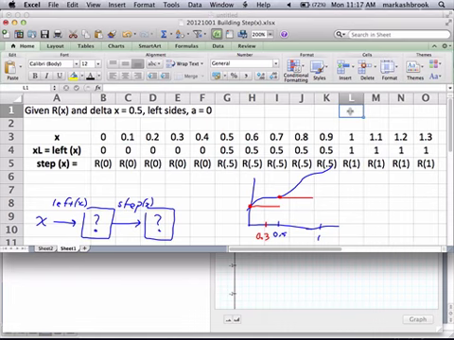Okay, so this is a kind of a two-step process. We have the current value of x, and first we need the value of x at the left side for that current value, and that's what this is. So we put x into the left x function, and what comes out of that function? Another x, but now it's at the left side of the current interval.